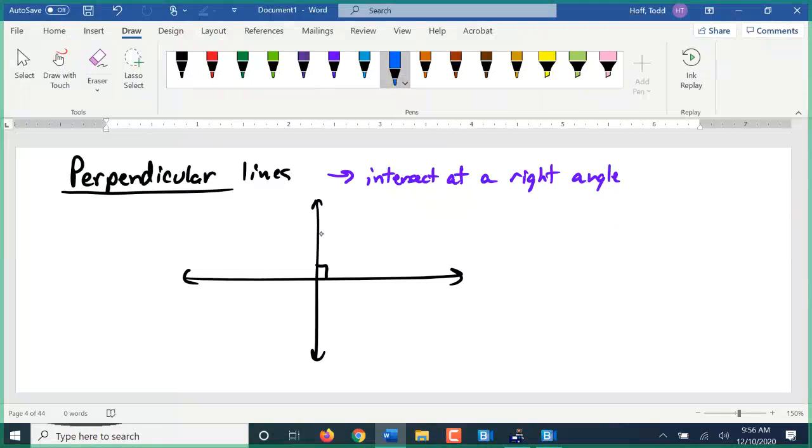Now, because of what we just saw in that last example, we know that angle's 90 degrees. So this angle over here is its vertical angle, the opposite side of the intersecting lines. That's also 90 degrees.